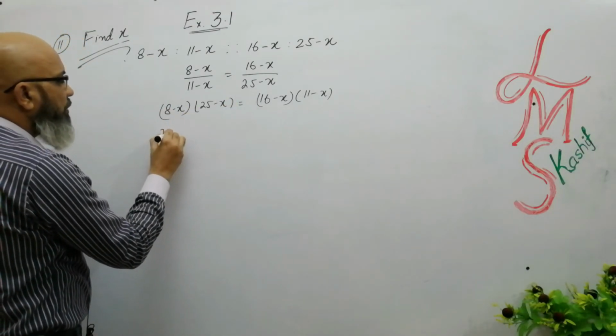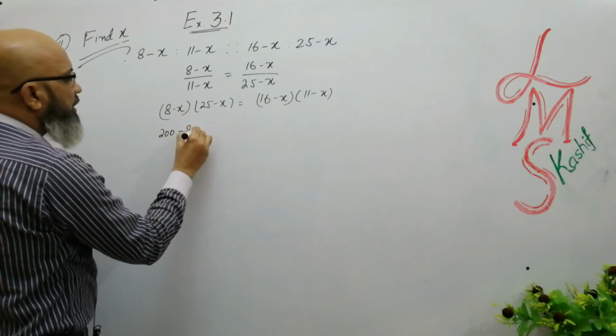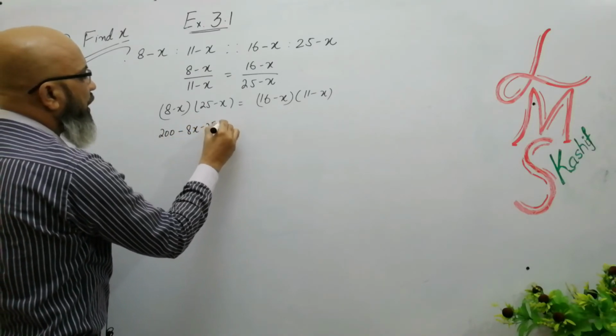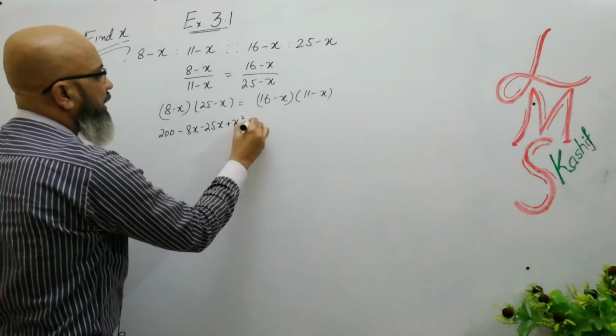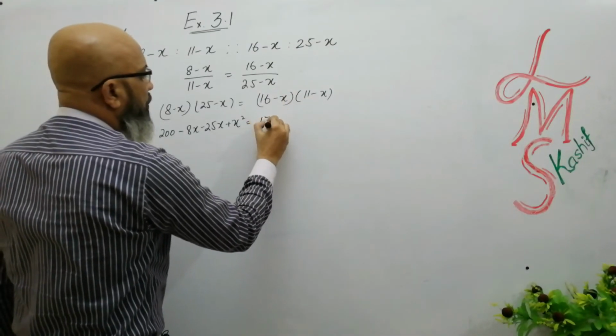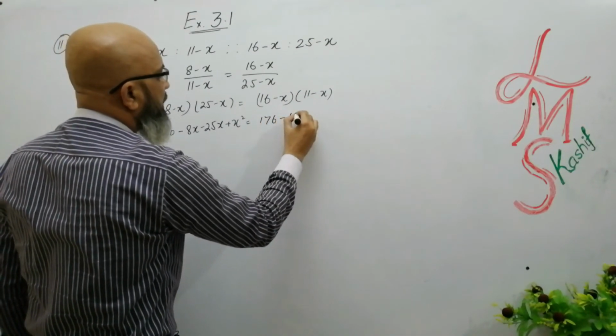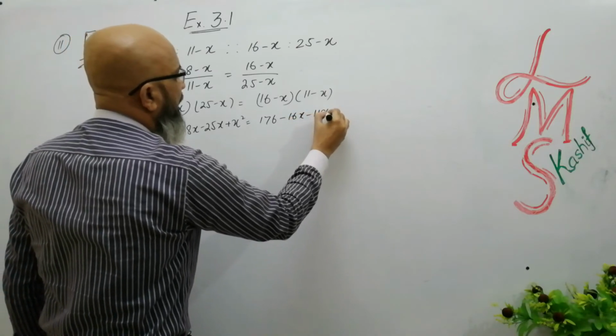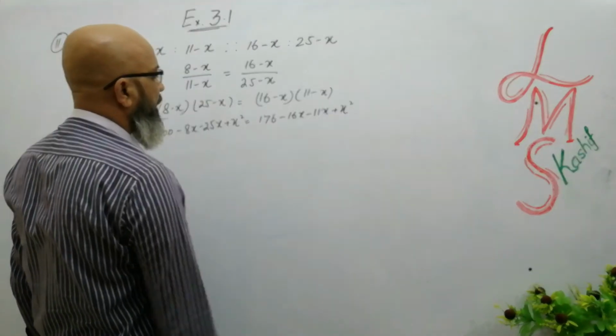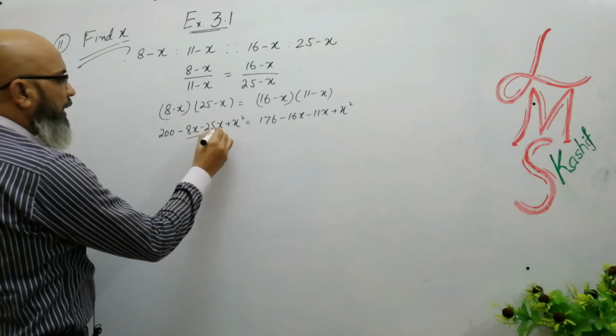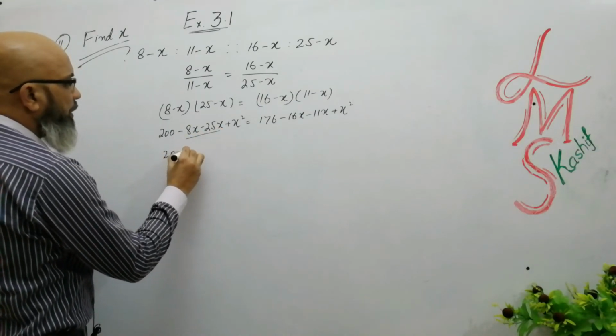8 into 25, 200 minus 8x minus 25x plus x square. 16 11s are 176 minus 16x minus 11x plus x square. So we can add these two because variables are same.